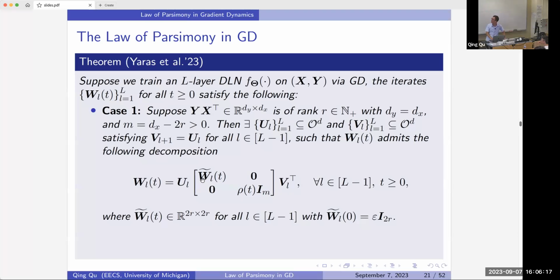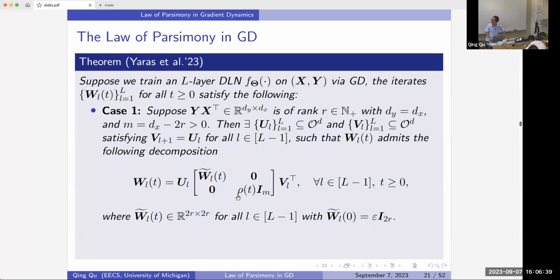There's only a 2R by 2R weight matrix that is changing. And the rest of the singular values are controlled by something like rho. They are totally identical. And this rho is essentially dependent on the initialization of your weights.